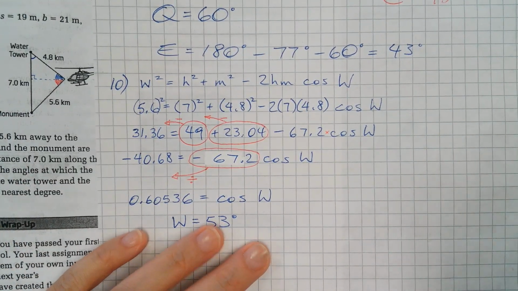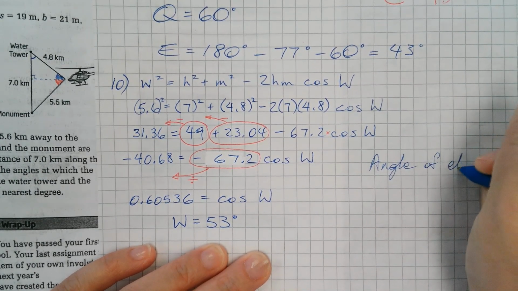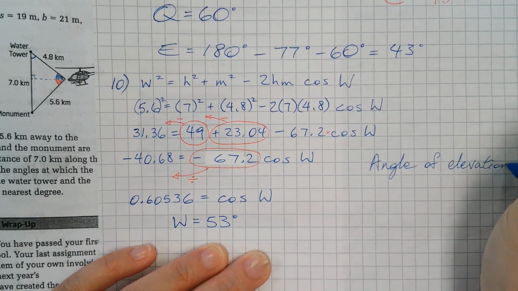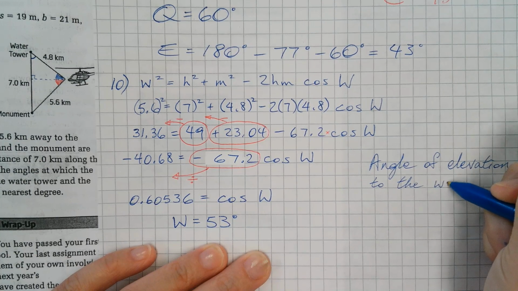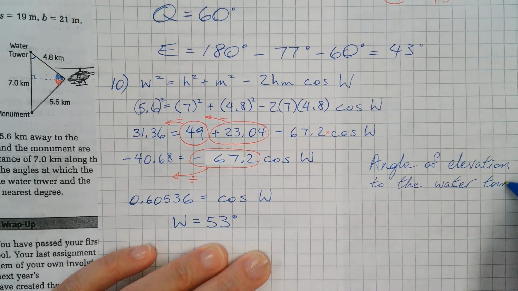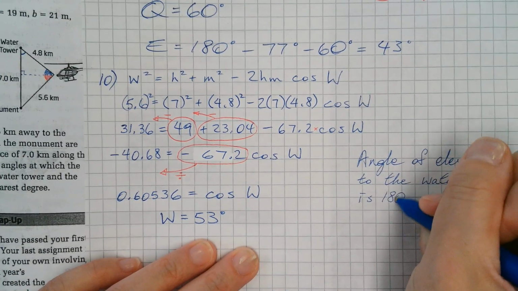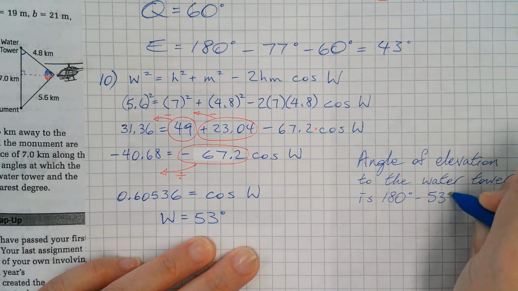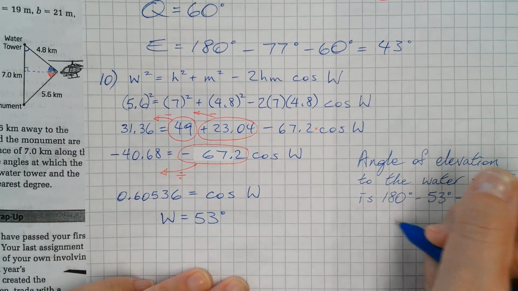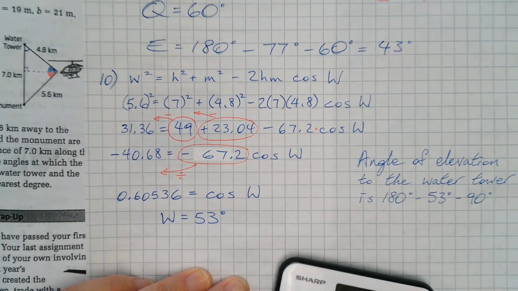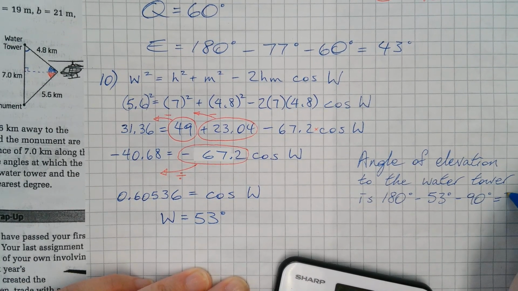So the angle of elevation from the helicopter to the water tower is 180 minus 53 minus 90, because this angle right here is 90. So I could just do 90, subtract 53, 37 degrees.